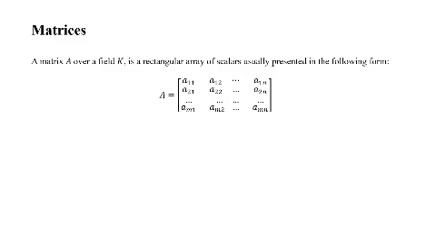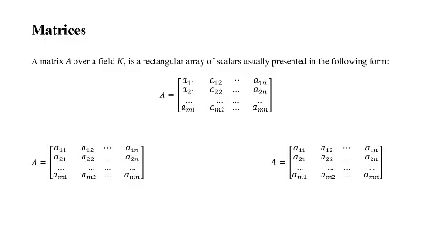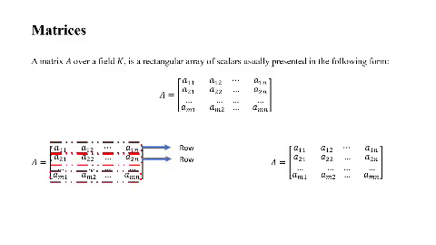Then the rows of a matrix. The rows of a matrix A are the m horizontal lists of scalars. The first one is A11, A12 up till A1n. The second row will be A21, A22, A2n. Similarly, we have the mth row, that is AM1, AM2 up till AMn.